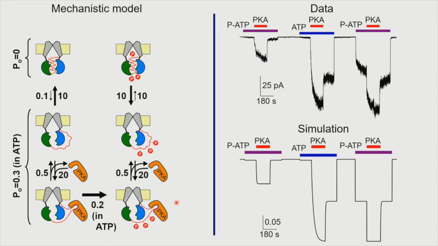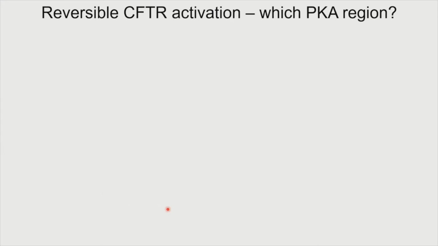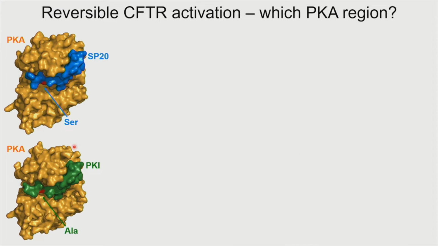Or is it perhaps through some kind of an allosteric effect that is mediated by some other part of the kinase? To address that, we used the PKI peptide, which is an analog of a substrate peptide in which the target serine has been mutated to an alanine. PKI is a high affinity competitive inhibitor.